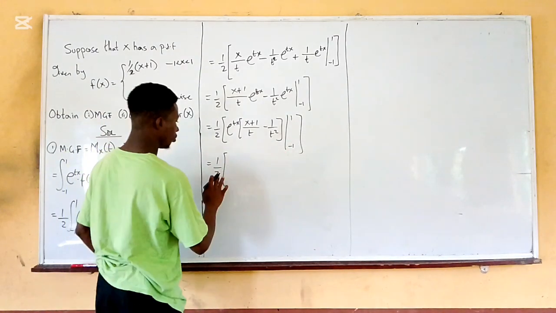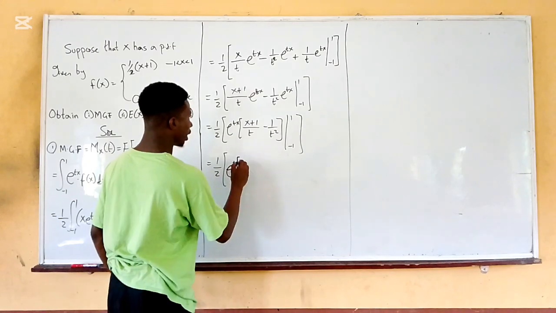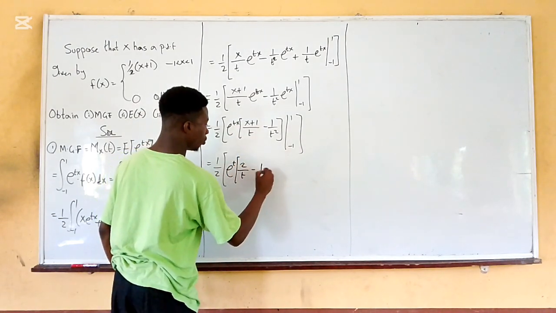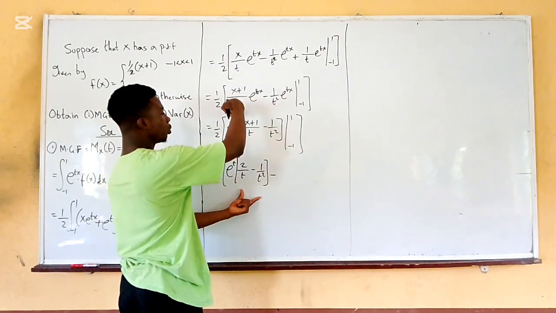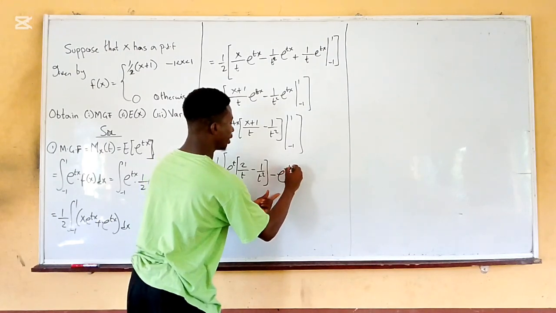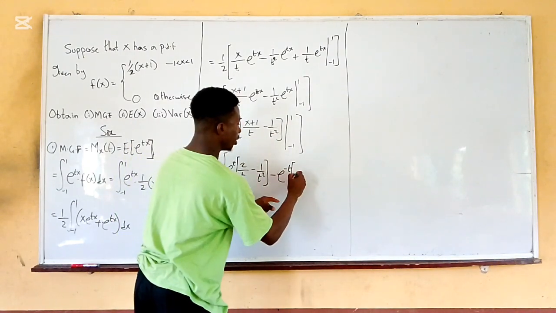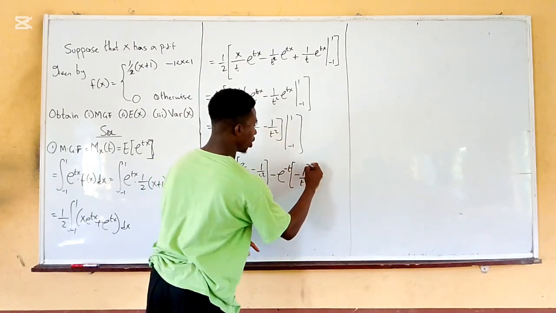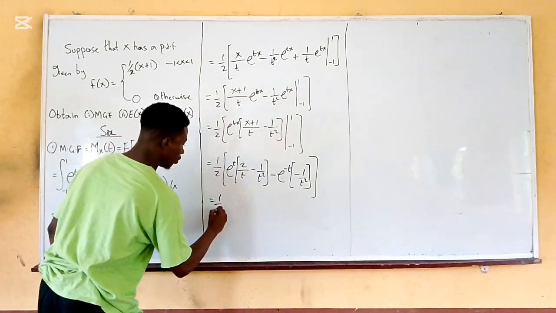That would be exponential t into bracket 1 plus 1 is 2, so I have 2 over t minus 1 over t square, close bracket, minus, now substituting -1 anywhere I see x will be exponential negative t into bracket -1 plus 1 is 0. So I'm left with this one, that's -1 over t square, close bracket.